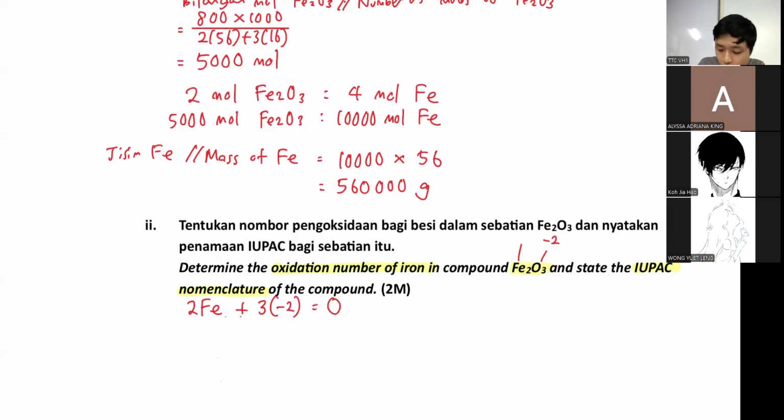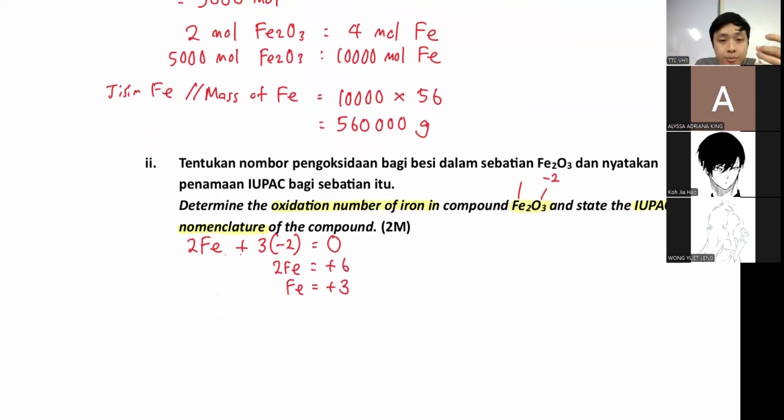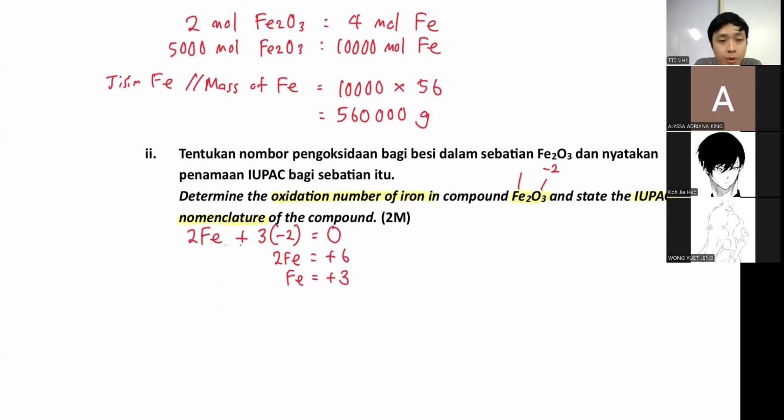Add together equals 0 because outside there's no charge. So you get 2 Fe equals +6. Fe equals +3. And the name is very simple. You know Fe is 3 plus, so it's called iron(III) oxide. In Malay, it's ferrum 3 oxide.